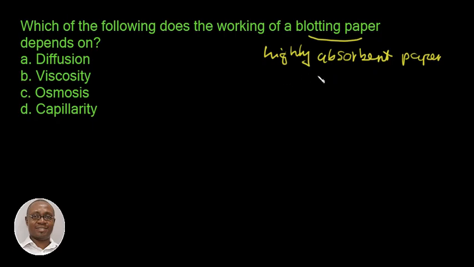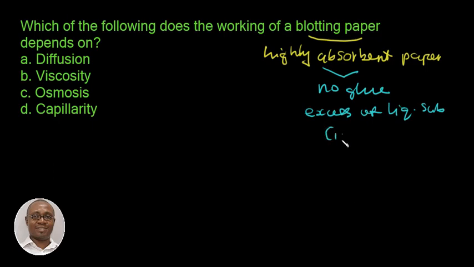Note that it contains no glue, yet it is used to absorb excess liquid substance such as ink or oil from the surface of writing paper or an object via capillary action. Okay, so take note. So let's go back to the answer options.